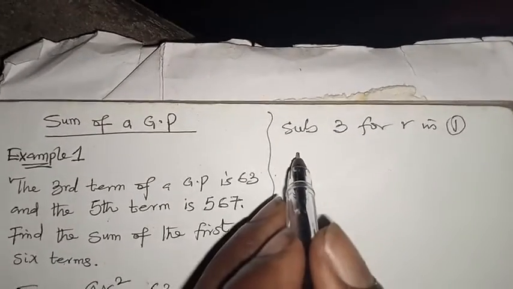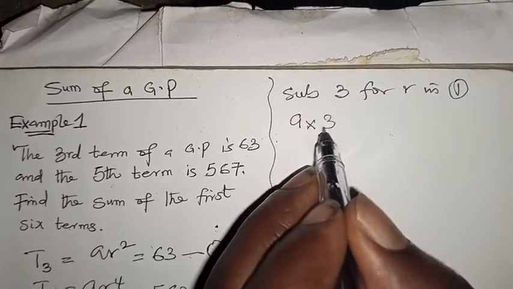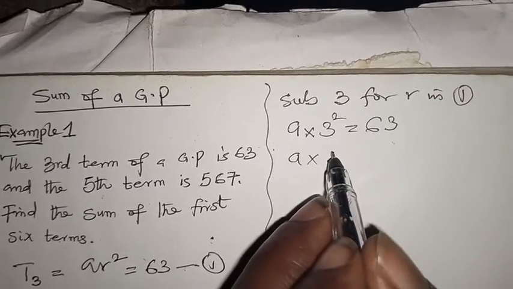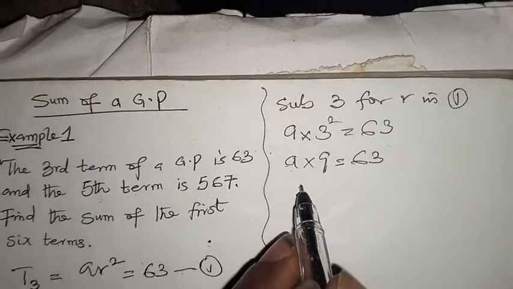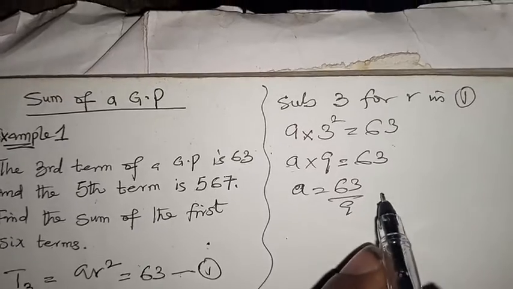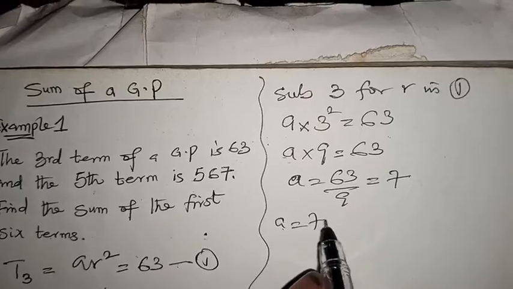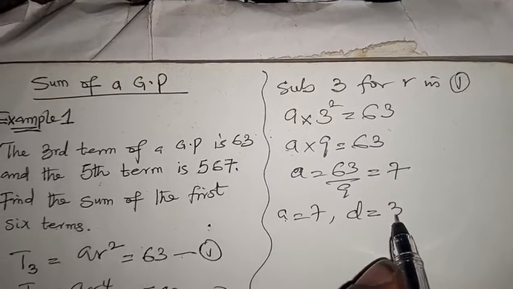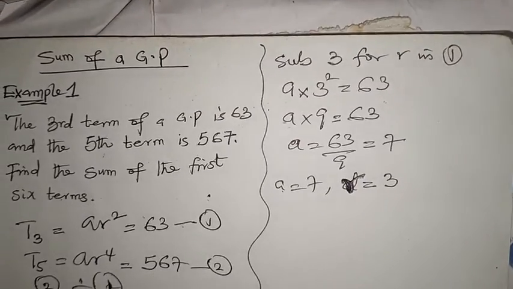So we have A times, instead of R, we have 3 squared equal to 63. Then A times 3 squared, which is 9, equal to 63. Then if you divide both sides by 9, you have A equal to 63 over 9, and that will give me 7. So we can see that A is equal to 7 and R is equal to 3. The R is the common ratio, don't forget that.